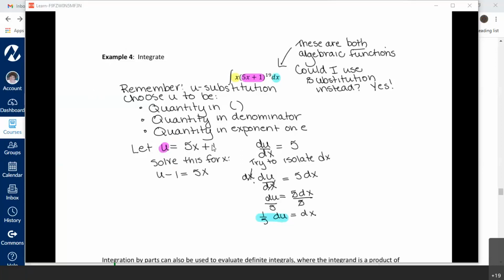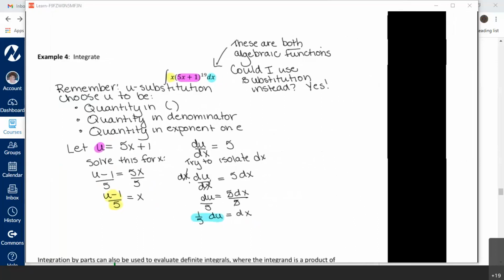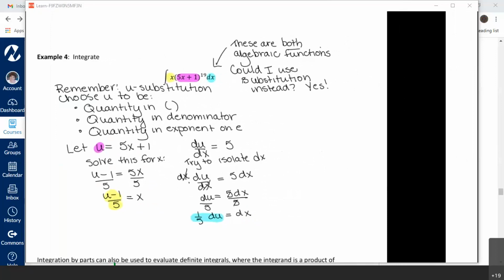Then I'm going to divide both sides by 5. So I get u minus 1 over 5 equals x. Now I have something I could substitute in for x. Everybody okay with that? So now I have bits that match all the parts of my integral.